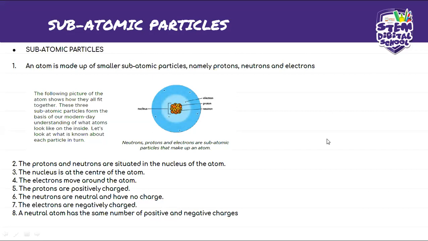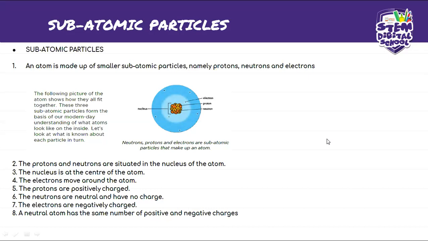As I was saying, the picture we are seeing is what the subatomic particles represent. The following picture of the atom shows how they all fit together. These three subatomic particles form the basis of our modern day understanding of what atoms look like on the inside. Let's look at what is known about each particle.